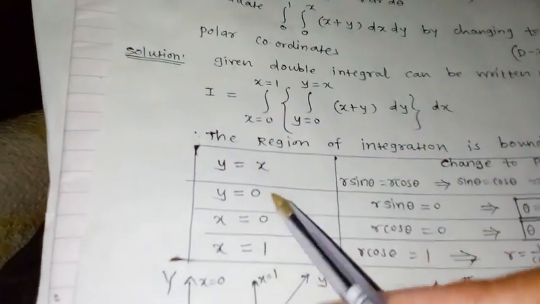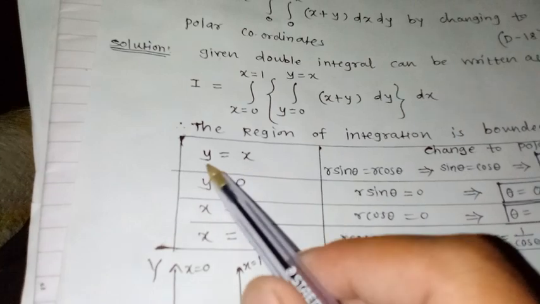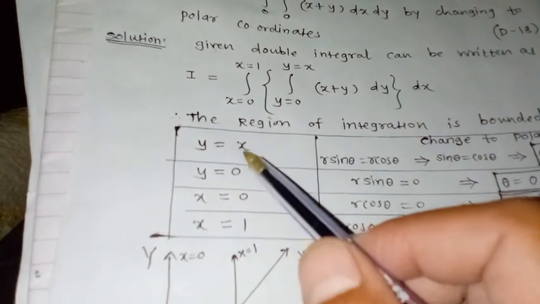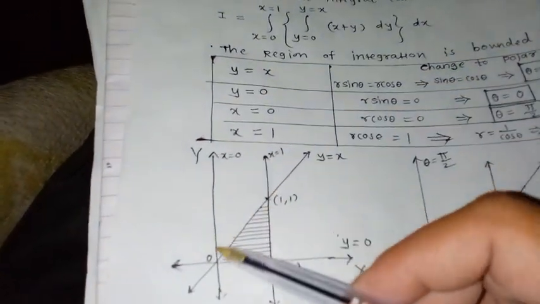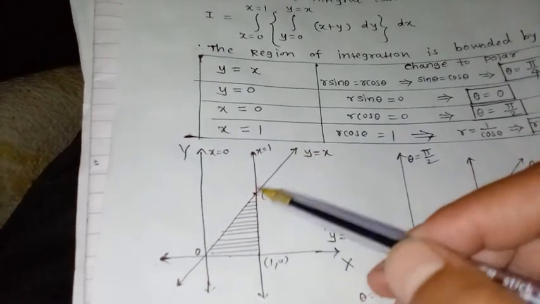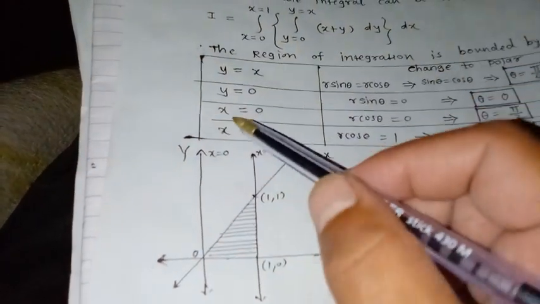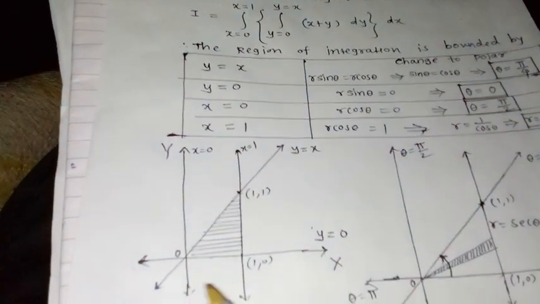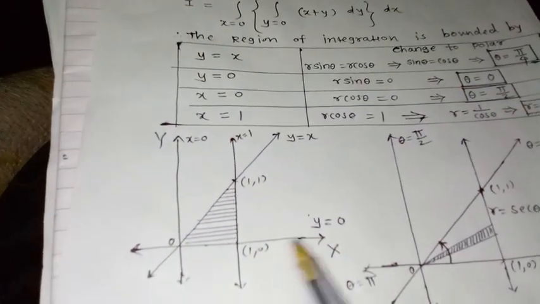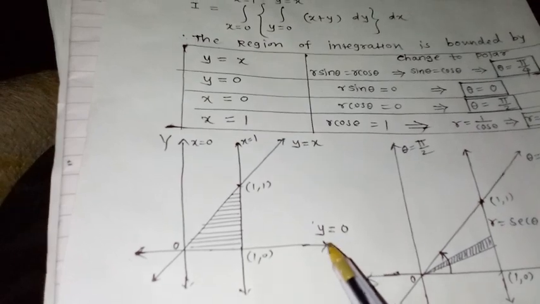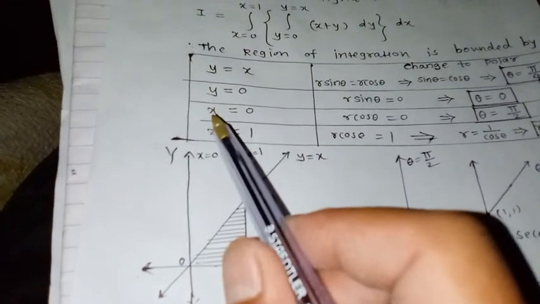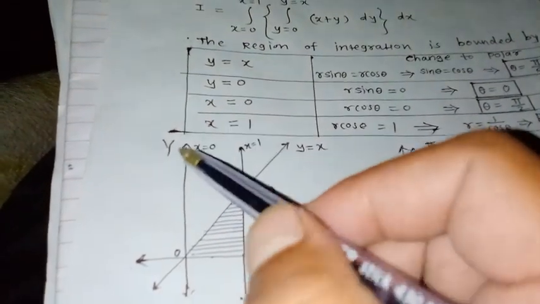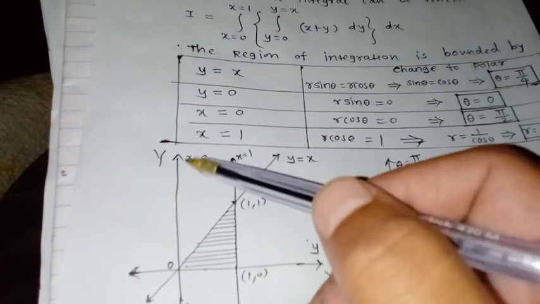So one by one, the first curve is y equals x, that is nothing but a line passing through the origin, and that is this line y equals x. The next curve is y equals 0, that is nothing but the whole x-axis, that is this y equals 0. Similarly the next curve is x equals 0, that is again our whole y-axis.